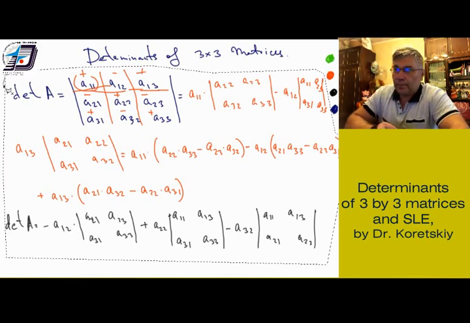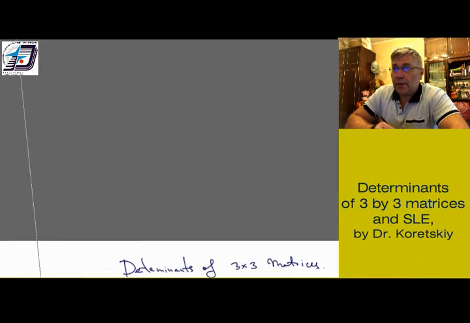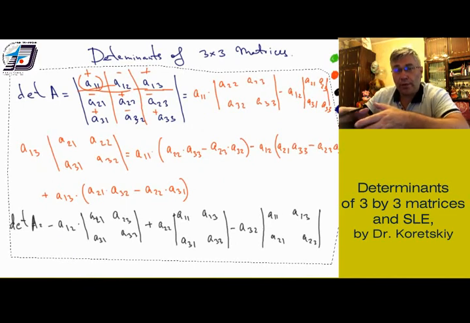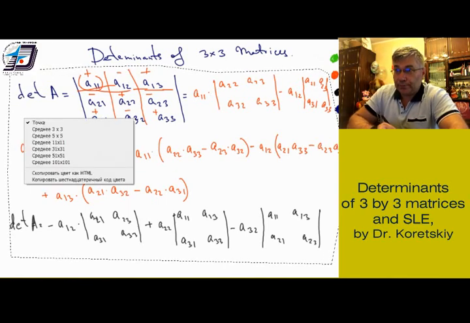Example. I tried to pick out a matrix with very special numbers to make it more clear why I showed you the two approaches to calculate determinants.